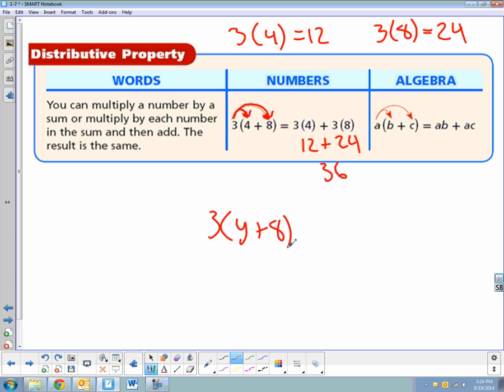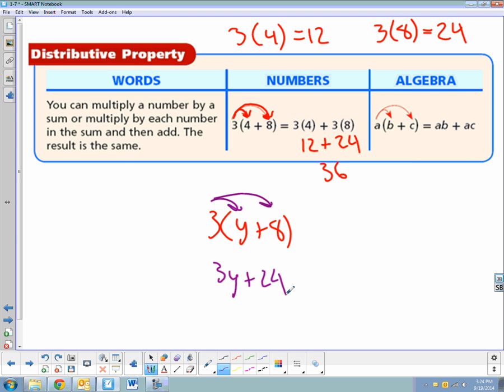And then we have to deal with that y. We have to get that y out of the parentheses. So we're going to use this distributive property to allow us to rewrite things and get a different way of rearranging those numbers. And that's going to help us a lot in future problems.